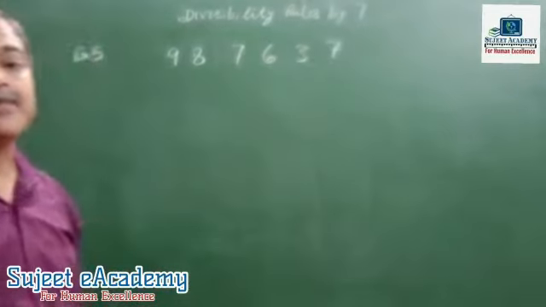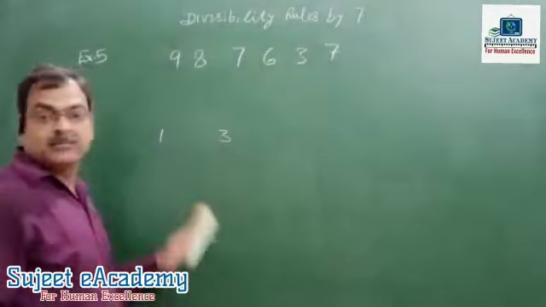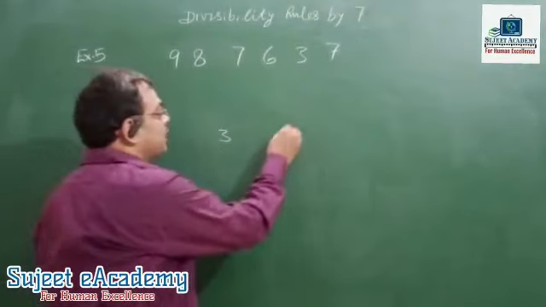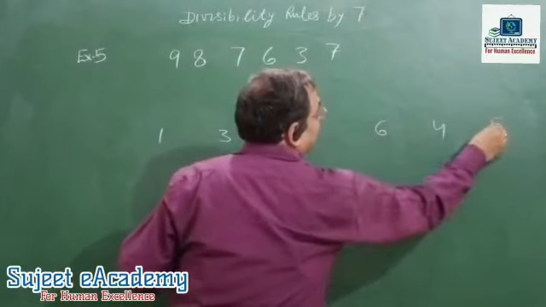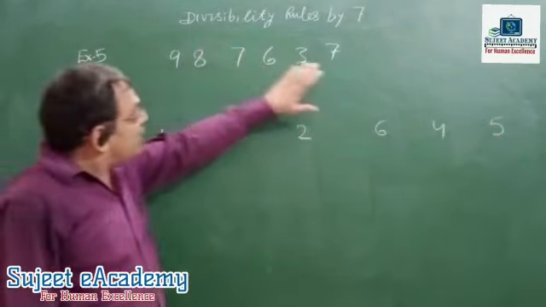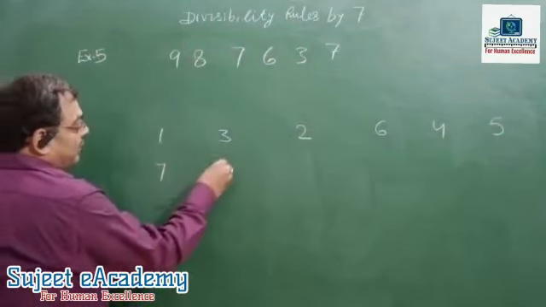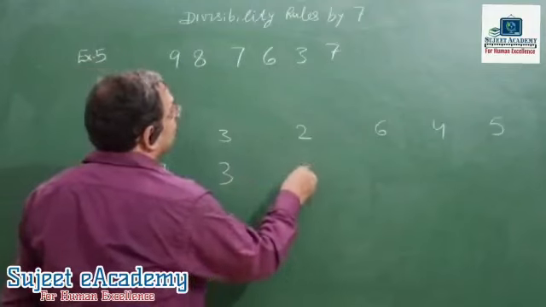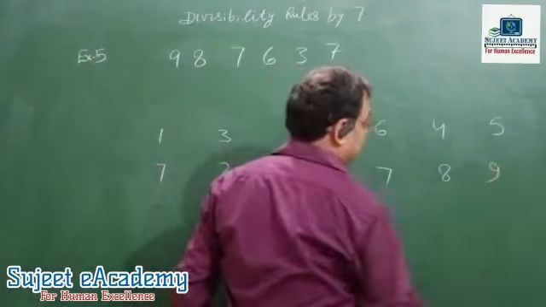You use the multipliers 1, 3, 2, 6, 4 and 5. For this, you reverse the number: 7, 3, 6, 7, 8 and 9.